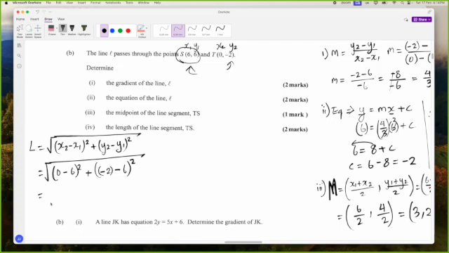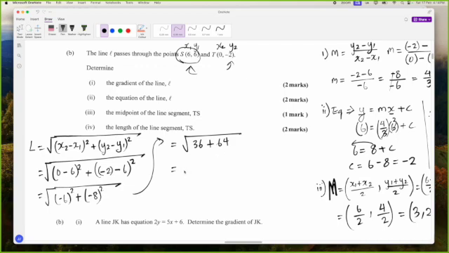So that means that we want the square root of negative 6 squared plus negative 8 squared. So that means we want the square root of 6 6s are 36, and the negative will be gone, plus 8 8s are 64. That means we want the square root of 100. Because 36 and 64 is 100, the square root of 100 is 10. And, well, you could just put units.